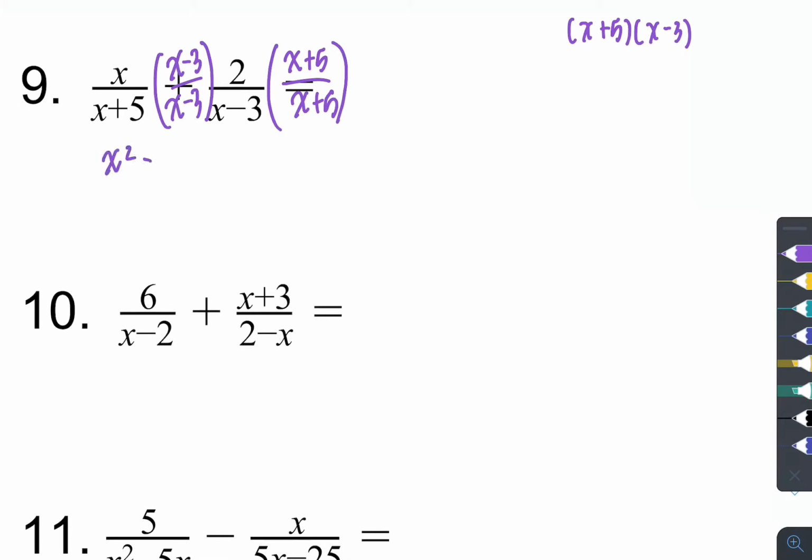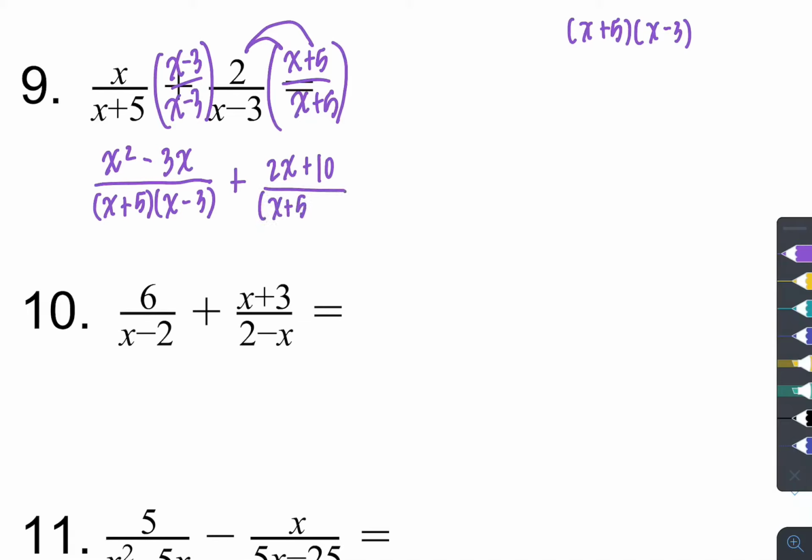So we get x squared minus 3x over, again, we'll just leave this for now, x plus 5 times x minus 3. Plus 2x plus 10. Don't forget to distribute. Over x plus 5 times x minus 3.